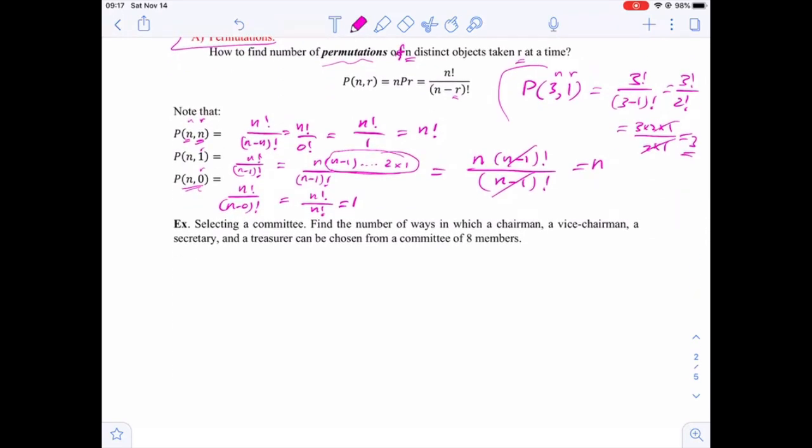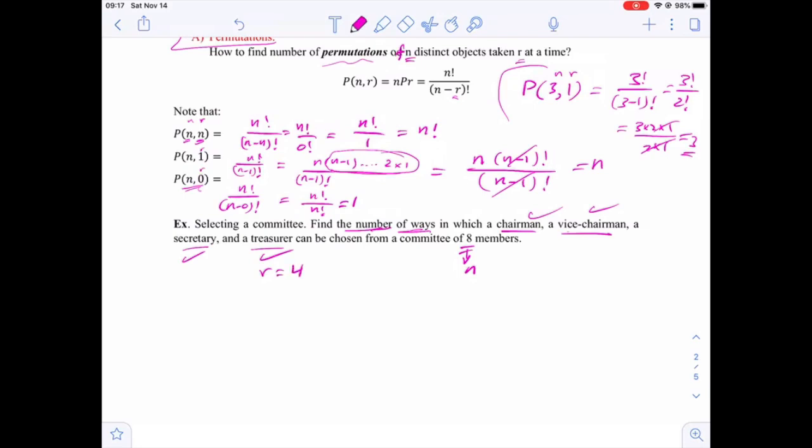Now let's take another example. Here we want to select a committee. We find the number of ways in which a chairman, vice chairman, secretary, and treasurer can be chosen from a committee of 8 members. So 8 is n, and we choose 4 of them, so r is 4.